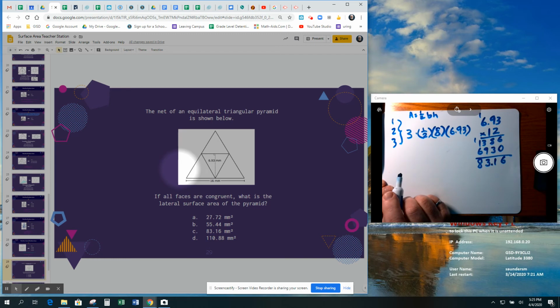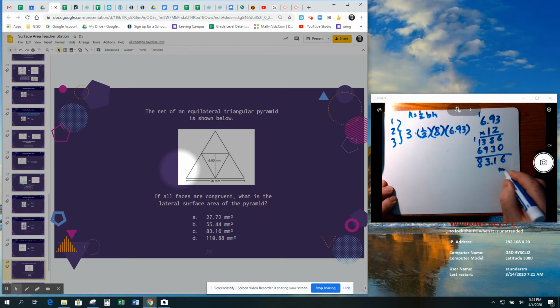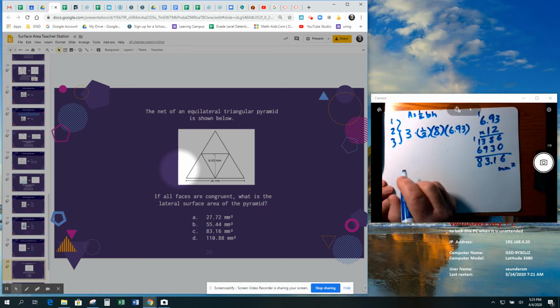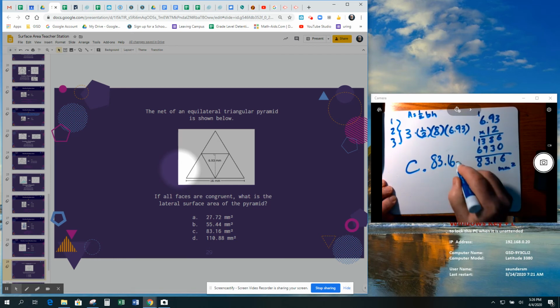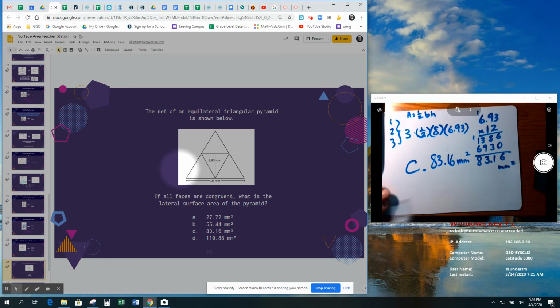And it says, what is the lateral surface area of the pyramid, A, B, C, or D? So I got 83.16, and the units are millimeters squared. So I think the answer would be C, 83.16 millimeters squared.